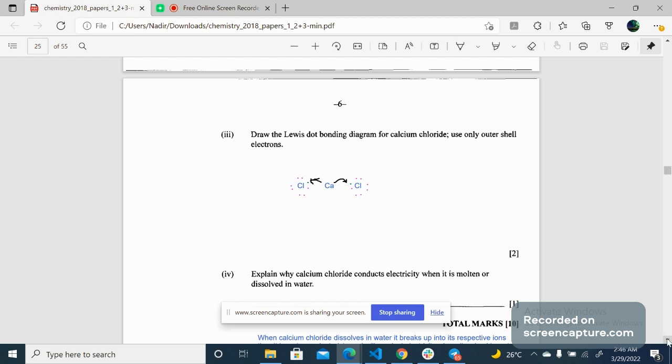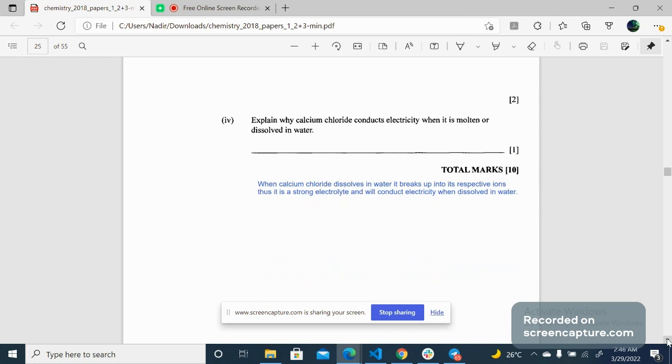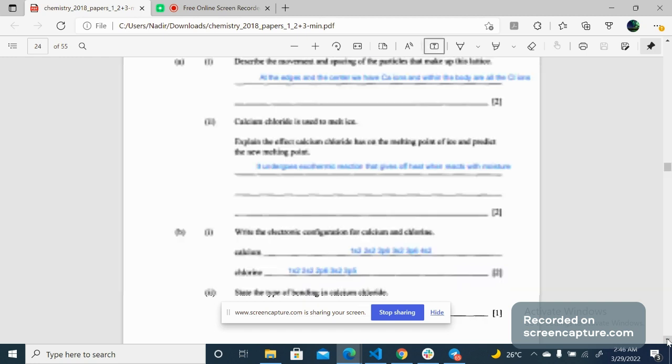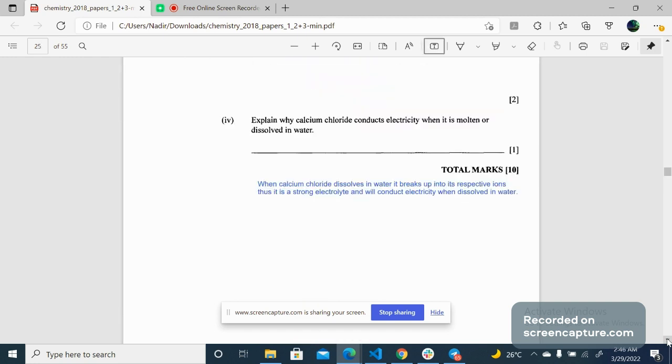Okay, then we will move towards part 4 of subsection B, I guess. Yes. The question asks us to explain why calcium chloride conducts electricity when it is molten or dissolved in water.